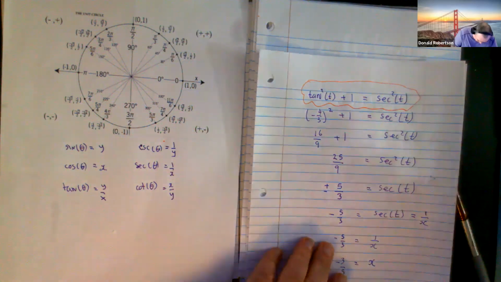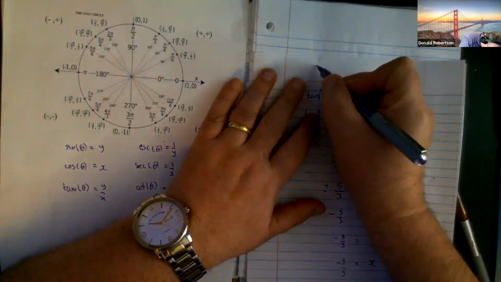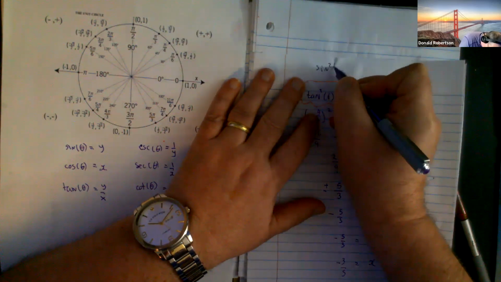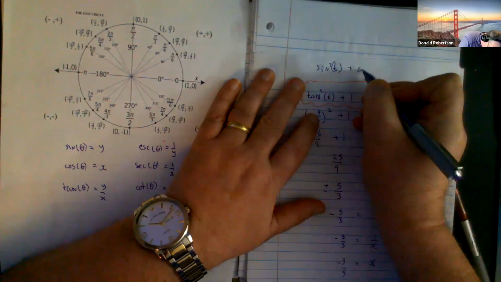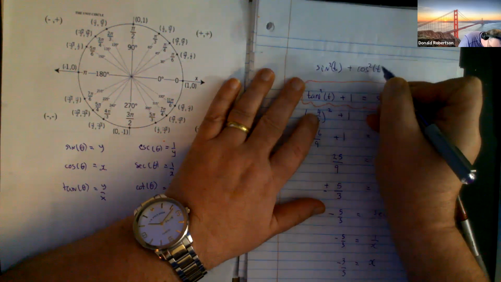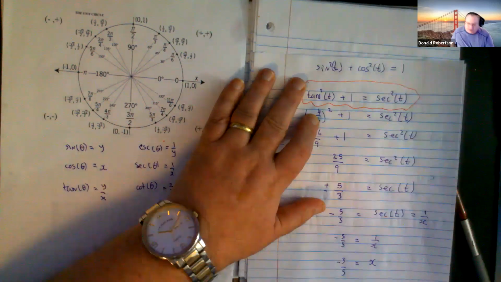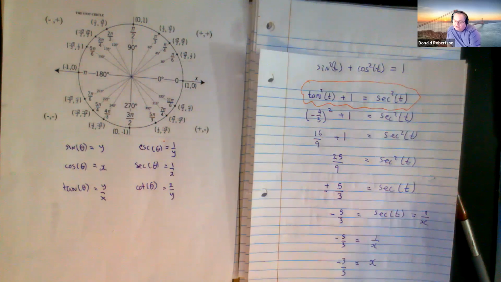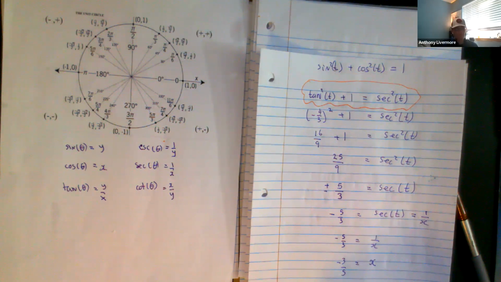There's another one that I think a lot of you have seen, although we don't need it for these questions. Have you ever seen one of the trig rules, they're called identities, that looks like that? Have you ever seen sine squared t plus cos squared t equals 1? Yes. Isn't it the same as the unit circle?